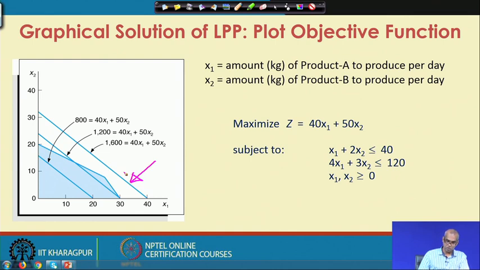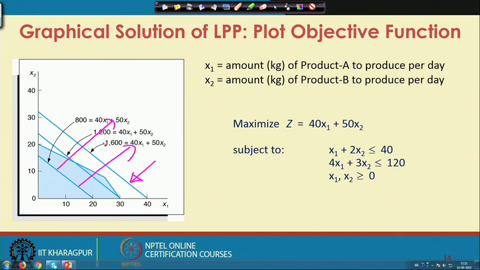So, this cannot be considered. But what we see is that if I go in this direction, my objective function value is increasing. The objective function value increases from 800 to 1200, then 1600. It is a different story that when it comes to 1600, we are outside the feasible region.